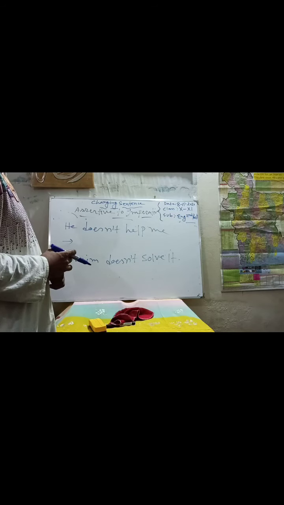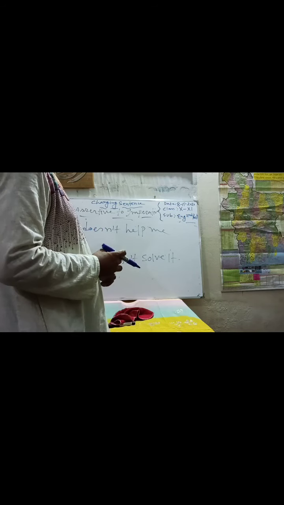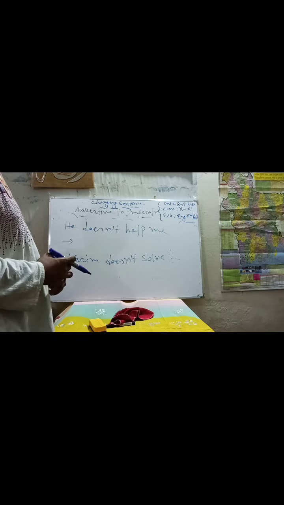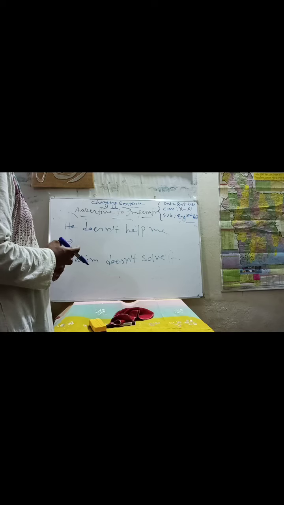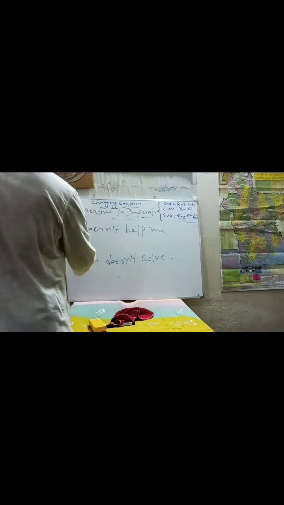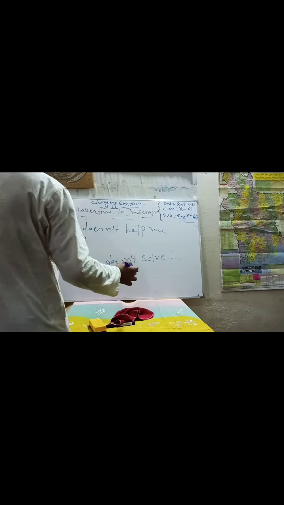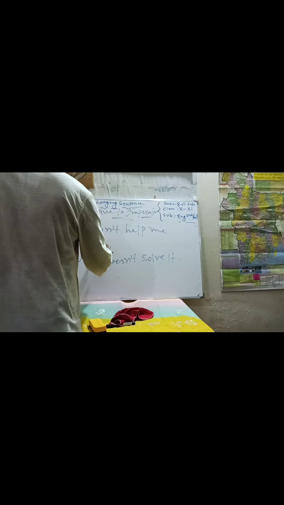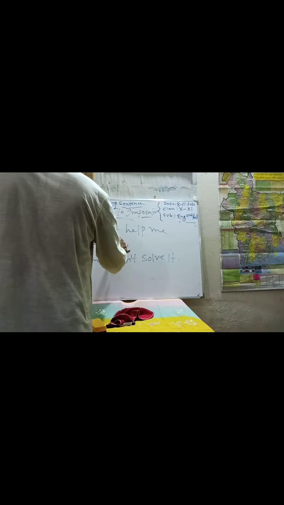Here is another rule and another example. He doesn't help me, or he doesn't solve it. So if we get doesn't or do not in an assertive sentence, which bears first person or third person as a subject, we use let at first, and then the objective form of the subject, let him, and then not, and then verb.